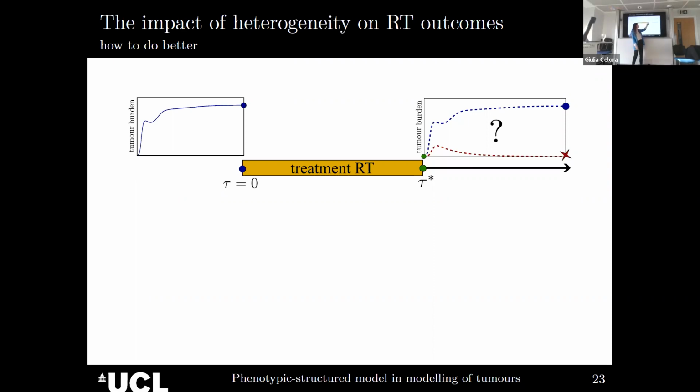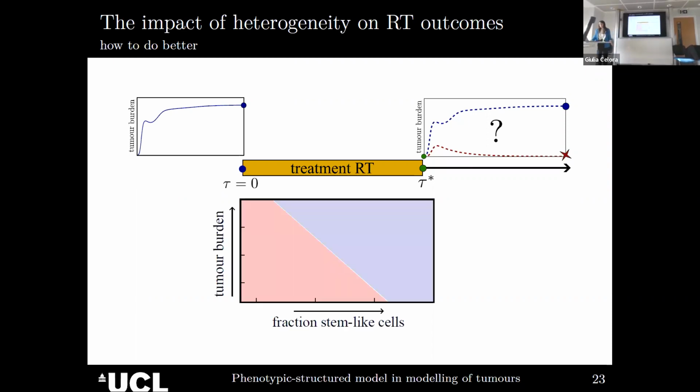So we want to drive the system. Can we drive the system into the basin of attraction of this elimination state? Based on what we have just seen, we identified two key features of the system that determine its long-term fate.